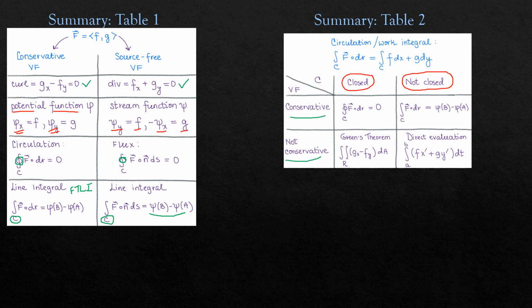So now you can follow this table and say, if I have a vector field that is conservative and I would like to compute the integral over a closed curve, then the line integral of this type will always be 0, and that is something I raised in one of my lectures.